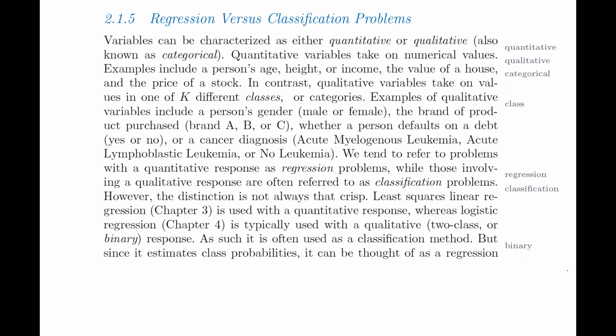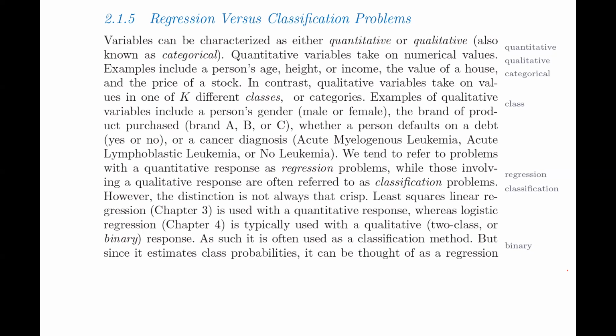On the other hand, qualitative variables take one of a finite number of classes or categories. Examples of qualitative variables include the person's gender, which in the example we're taking here is binary; the brand of product purchased, which has 3 values; whether a person defaults on a debt, binary again; and cancer diagnosis.